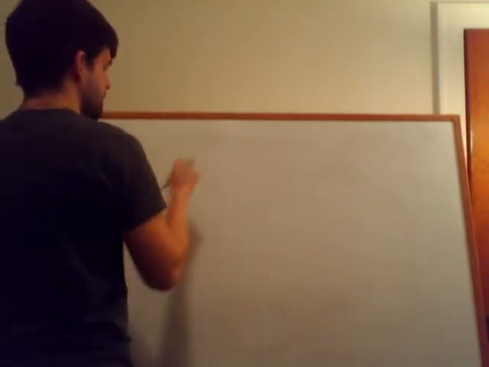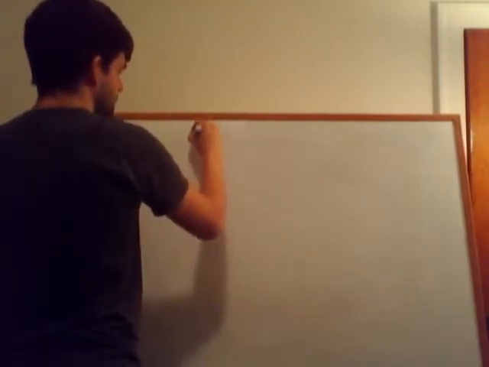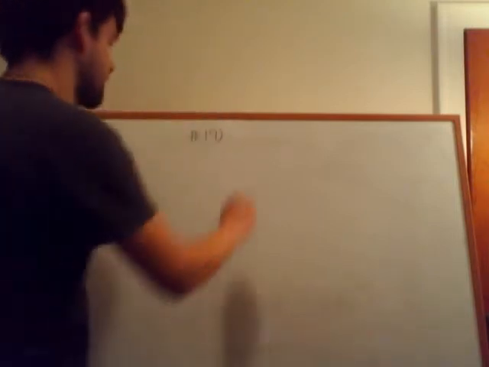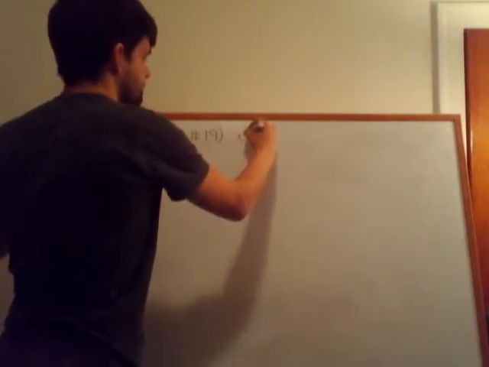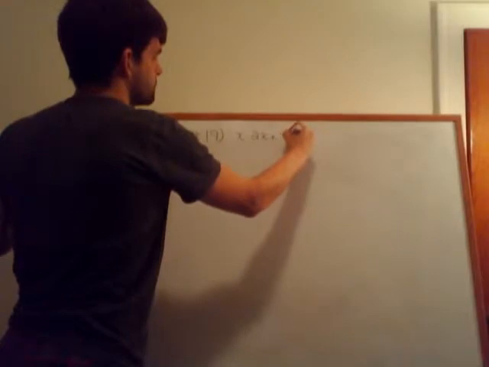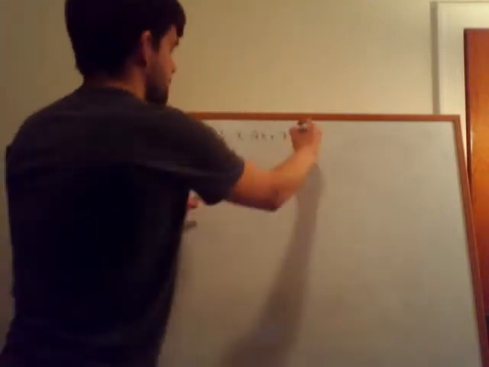So this is question number 19. Question number 19 states that x minus 2x plus 7 is greater than 15 plus 3x.